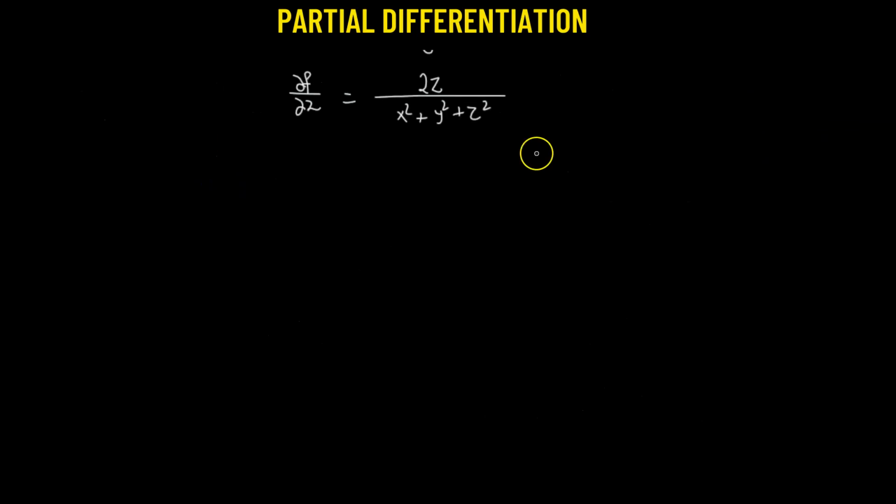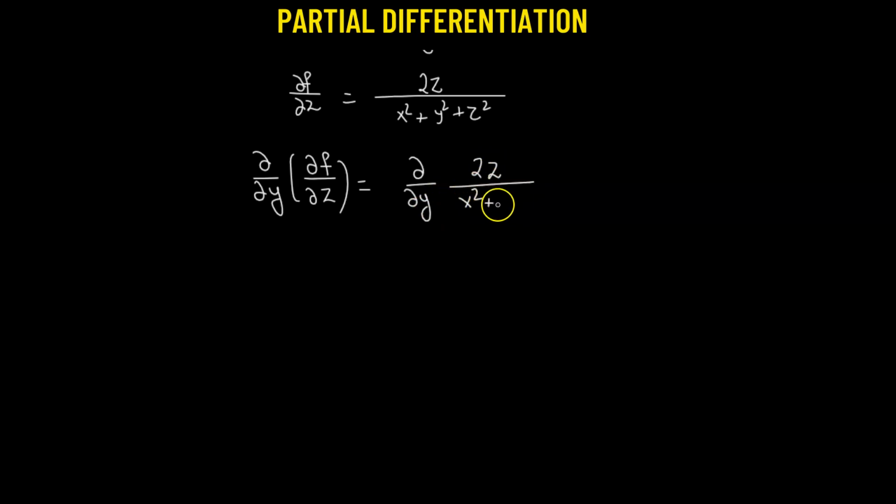Now we will take the partial derivative on both sides with respect to y. So we have partial with respect to y of partial of f with respect to z, which will be equal to partial with respect to y of 2 times z divided by x squared plus y squared plus z squared. Since we are taking the partial derivative with respect to y, we can consider z to be a constant.